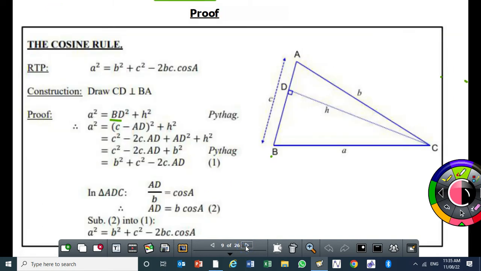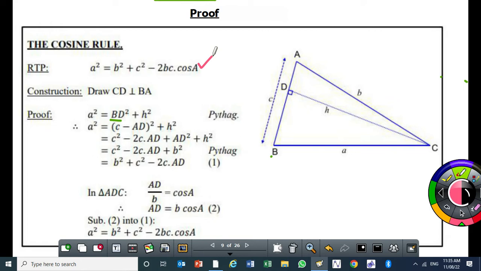Now with the proof, if you want to prove that a squared is equal to b squared plus c squared minus 2bc times cosine of A, you draw a triangle like this, triangle ABC, then you draw a perpendicular from vertex C such that it is perpendicular to your base AB.